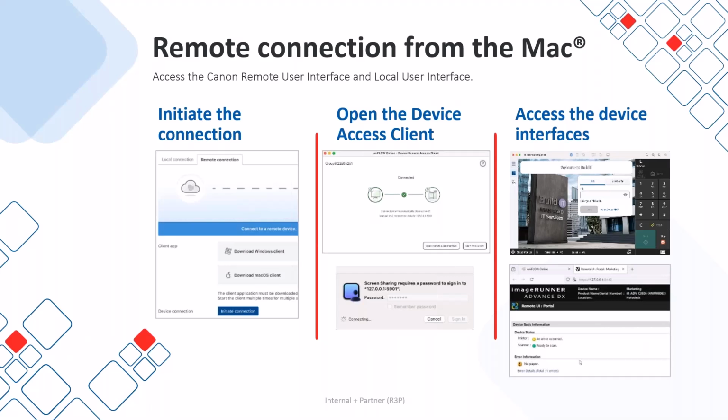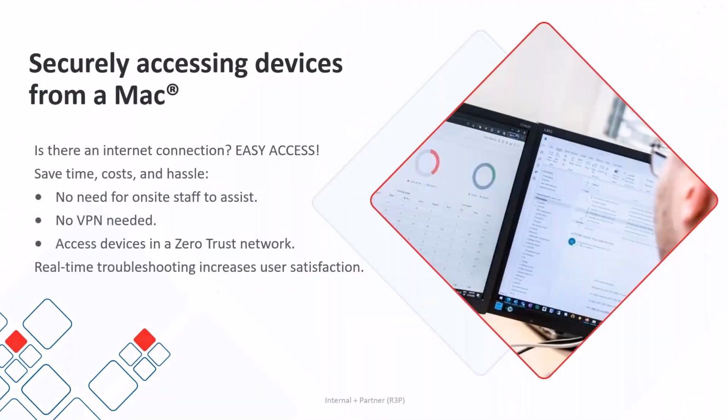Now that we've seen how the process works, let's wrap up why this does matter in terms of secure, hassle-free access from a Mac that delivers speed, savings, and a better user experience. So just to wrap up then, the secure remote access from a Mac is now effortless.